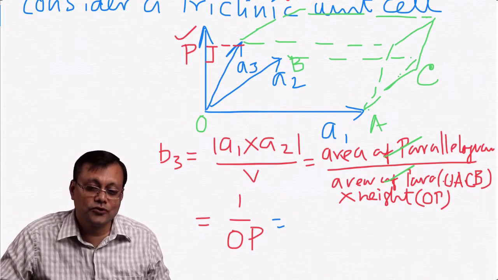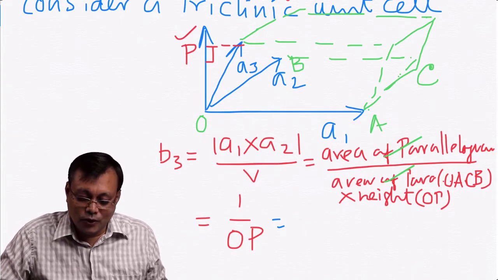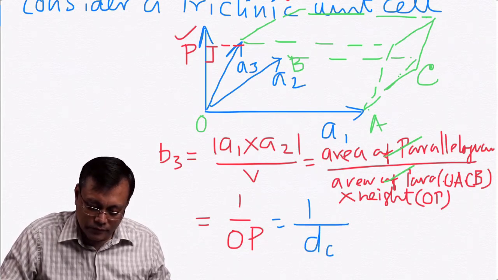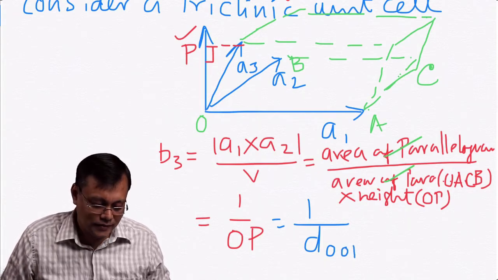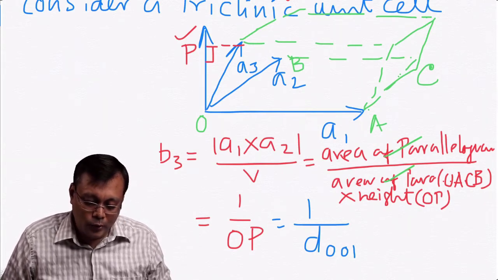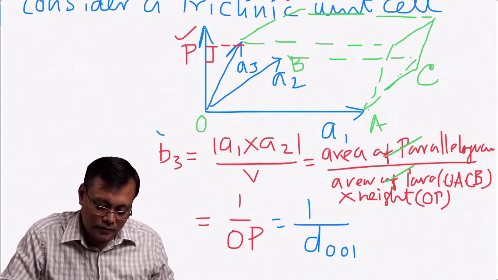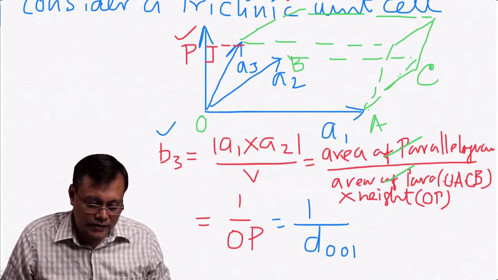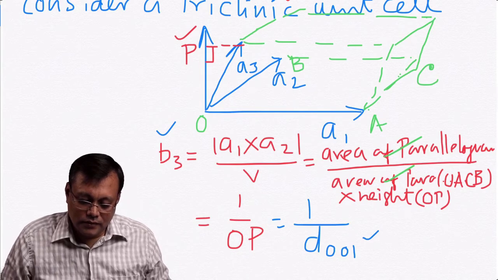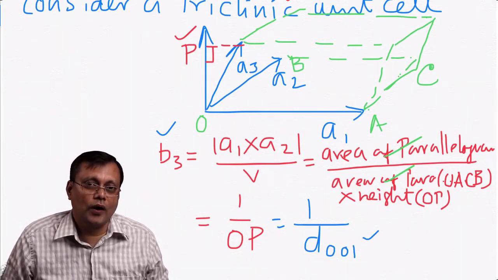That is actually the 0, 0, 1 plane. So OP basically means D, the interplanar spacing of the 0, 0, 1 plane, right? So we could correlate the reciprocal lattice vector B3 with D001.